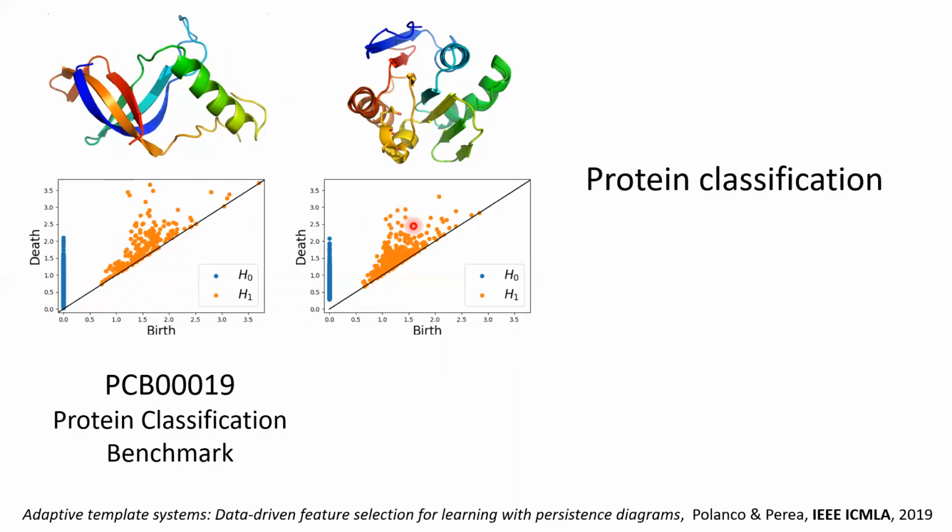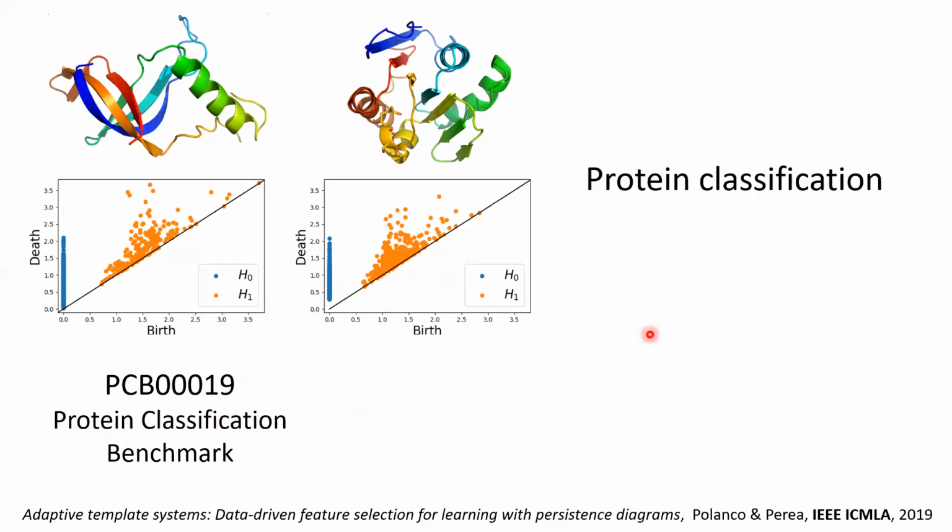And the idea is we're going to train machine learning algorithms to do classification of the proteins by doing classification on the persistence diagram. So for this, we used this protein classification benchmark data set, which is a widely known data set for protein classification.